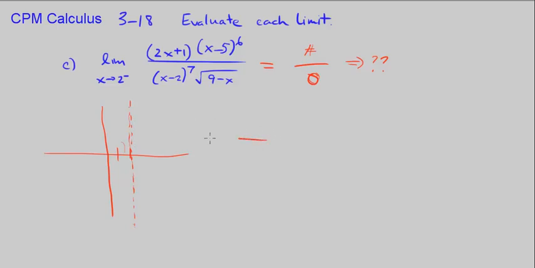When we get to 2, where is x going to be approaching? If it's approaching up here from the right, but from the left it's approaching down here, that's what we want to know. We want to know where it's approaching from the left only.